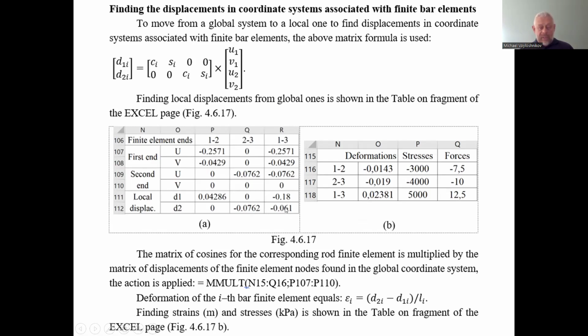And for the third finite element, in the local coordinate system we subtract the displacement of the beginning from the displacement of the end, divided by the length of the third element, as I remember equal to 5, the length from the first table, and we have this size of the deformation.